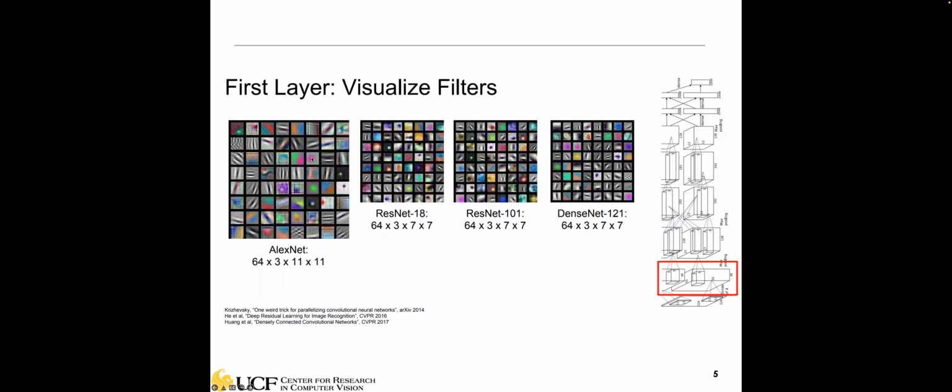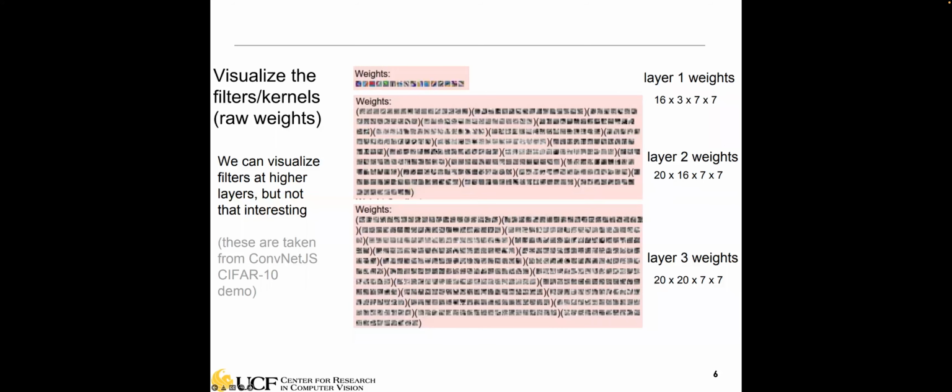Maybe this filter is sensitive to this pinkish color, and this one is more sensitive to green and pink, etc. By visualizing these filters, you get a sense of what is being learned in these different layers. You can obviously visualize different layers and see how they learn different things.